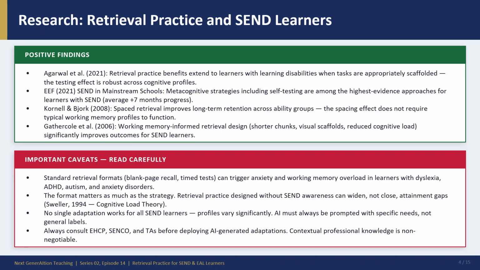But the EEF is equally clear that the approach must be taught explicitly and adapted to the learner. Gathercole and colleagues' work on working memory is particularly relevant here. Their research shows that retrieval design informed by working memory research, shorter chunks, visual scaffolds, reduced cognitive load, significantly improves outcomes for learners with working memory difficulties, and this is directly actionable.